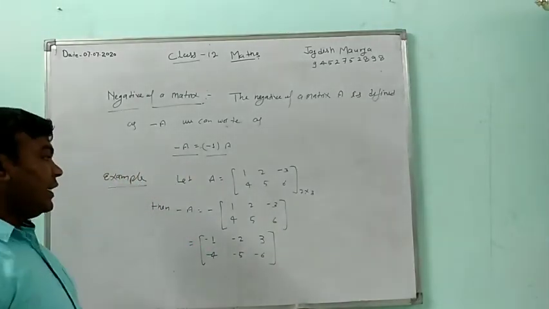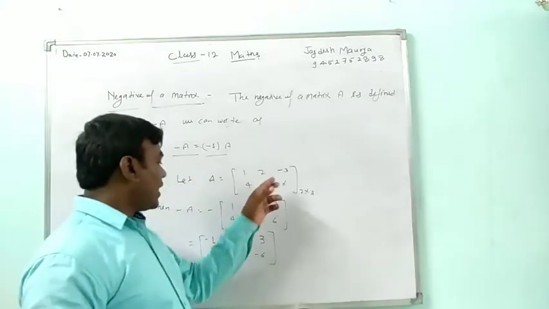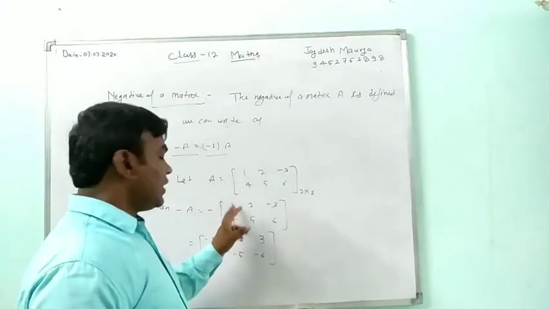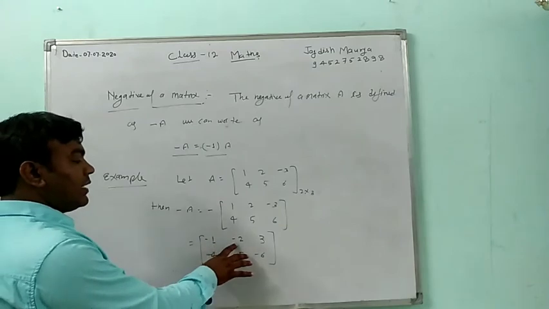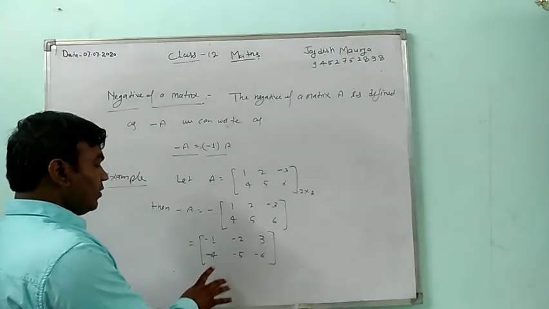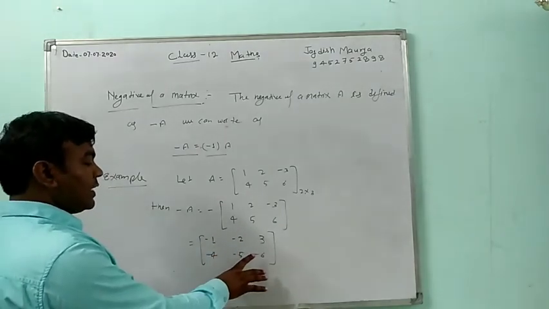This means each element is multiplied by minus 1. This will come minus 1, minus 2, 3, minus 4, minus 5, minus 6.